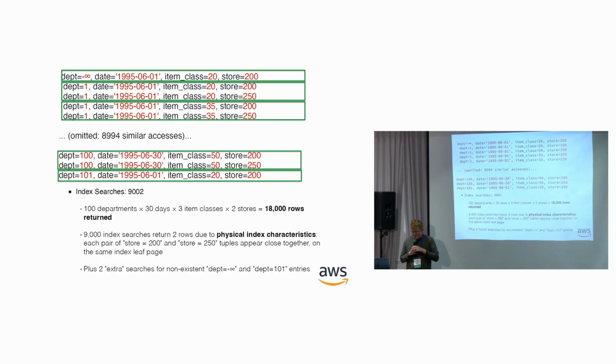Now, it just so happens that the stores 200 and 250 tend to be located close by on the same index leaf page. So we only need half the number that you would expect, perhaps, of index searches, plus another 2, because we still need to do the thing for the department column where we're getting the lowest department, and then we're searching for something that doesn't exist. Like in this case, it will be department equals 101. There's no 101, so it fails to find anything, and then the scan's done.